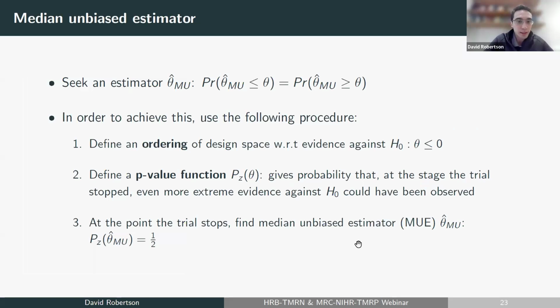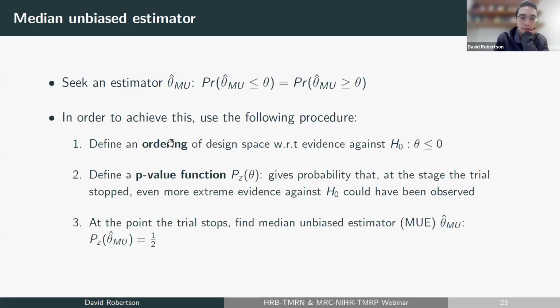I mentioned median unbiased estimators. And actually, in this setting, these estimators are quite nice in that you can get your point estimate, an adjusted p-value and an adjusted confidence interval, all using the same procedure. So it has that nice property that all your inference is done in one consistent manner. Focusing on the point estimate, you can calculate this median unbiased estimator using a three-step procedure.